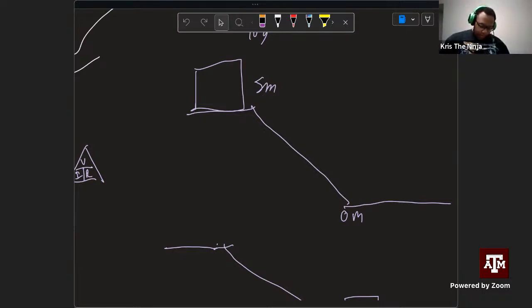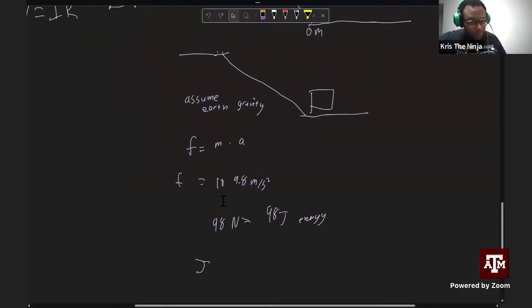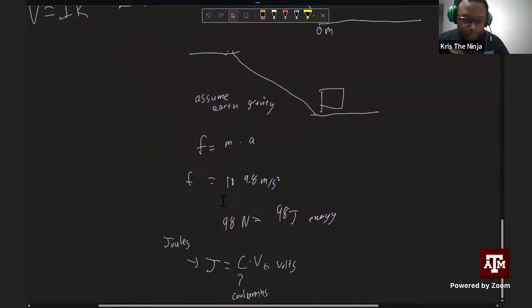So if we say J for joule equals C V, C is coulombs, and V is volts. J is joules. Y'all can't see that because I'm not writing on the screen. There you go.